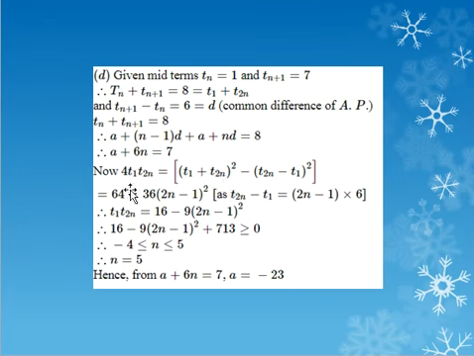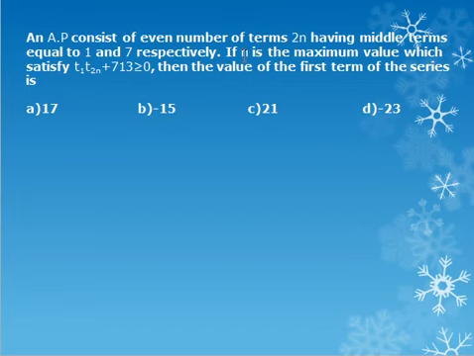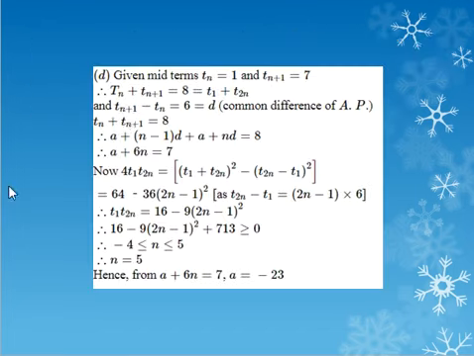Then if I solve this quadratic inequality that I get here, we get the values of n like this: minus 4 less than or equal to n less than or equal to 5. And I took n equals 5 because the question asked for the maximum value of n that satisfies that condition, and the maximum value is 5.